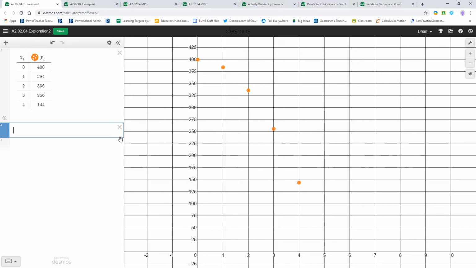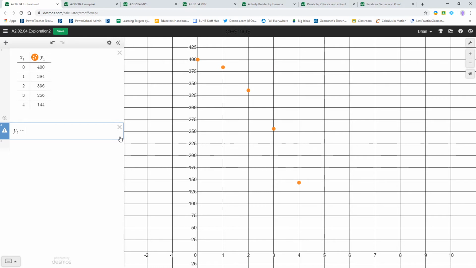And so as far as using the regression feature on Desmos, it's actually quite simple. All I have to do is, instead of using y's and x's, I'm going to use y1 and x1. And I literally just typed y and then the number 1, and it automatically made it into a little tiny subscript. And if I hit the tilde key instead of the equals key, tilde is shift, and I don't know what that other button is, but it's next to the 1 button on your keyboard.